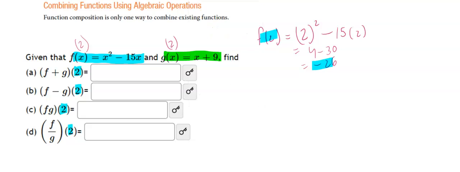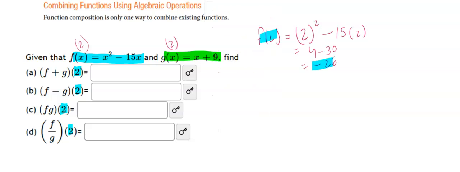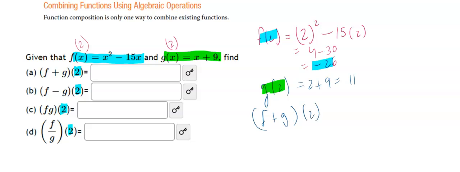I should change pen color for the next one. So the next function is g of x, but we're given the point. What's g of x at 2? That's our input. That's going to be 2 plus 9, well, that's 11. So now we want to say, what is f plus g of 2?